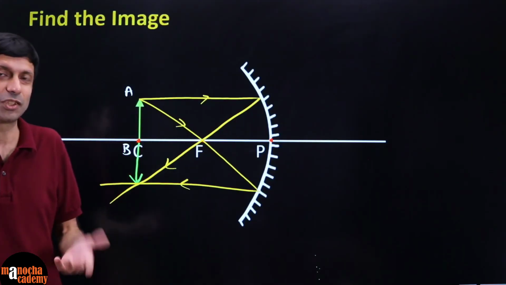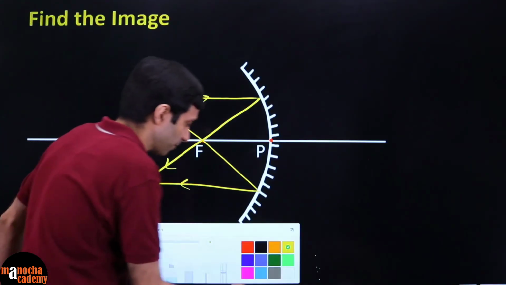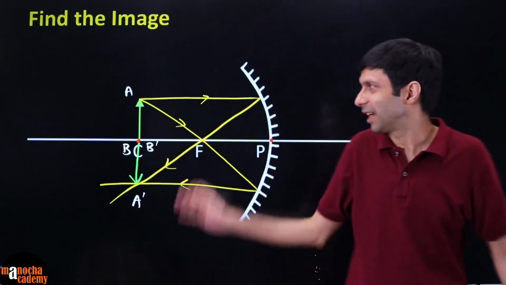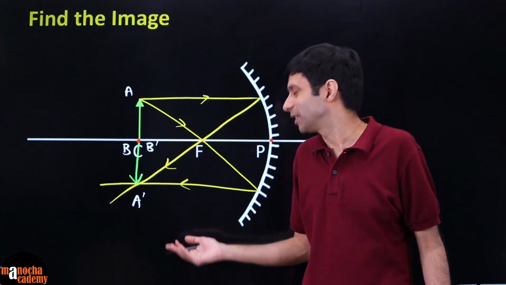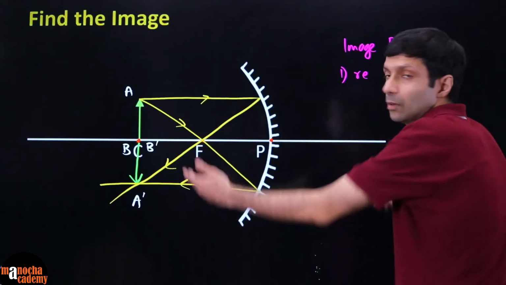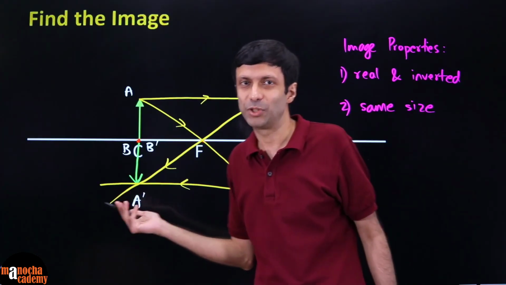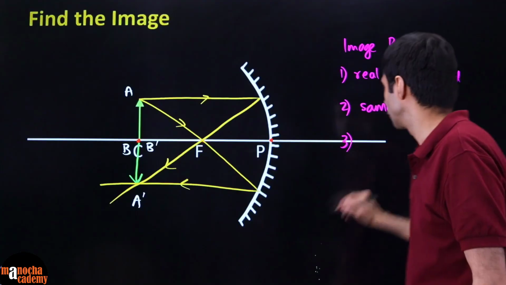For you, it will be much easier when you do it on pen and paper. But this is the trick: make sure your image is the same size as the object and it's at the center of curvature, and there you get the diagram. And clearly here you can see the image properties are going to be real and inverted. It's going to be the same size as the object, and it's going to be formed exactly at the center of curvature.